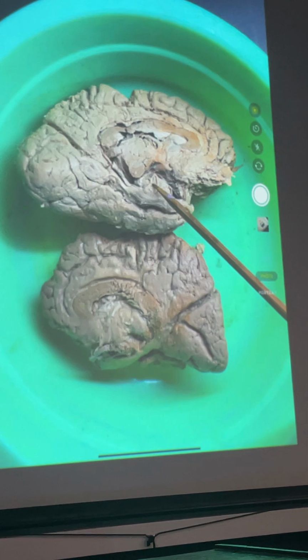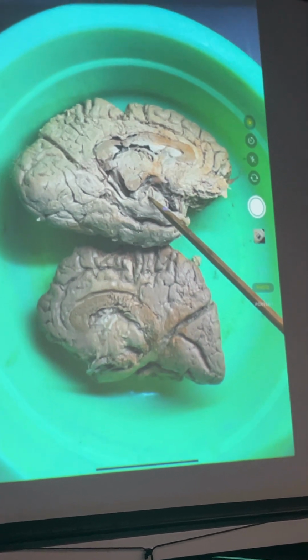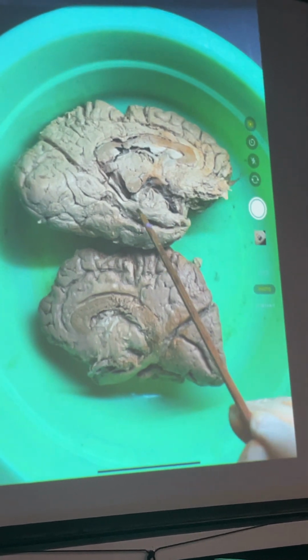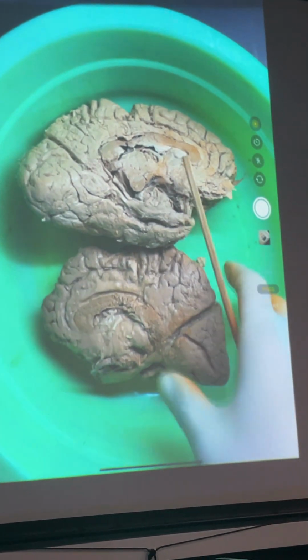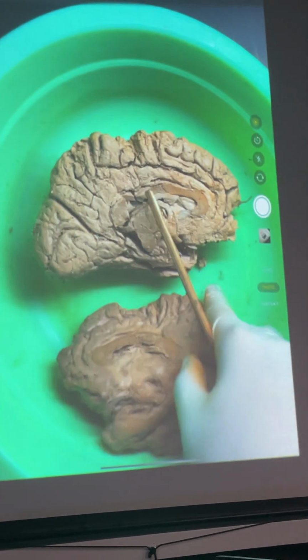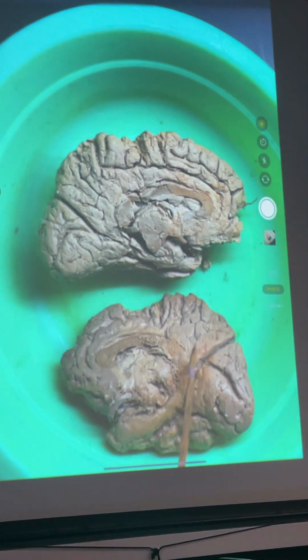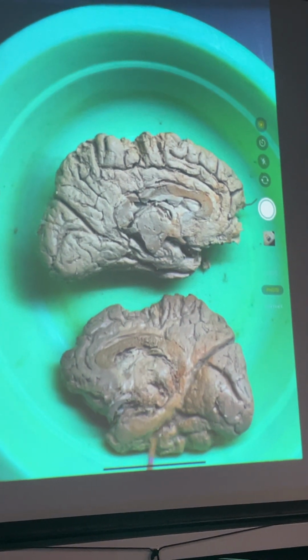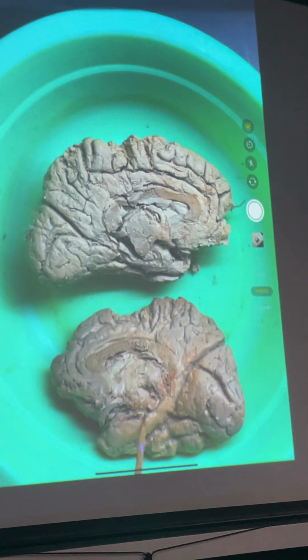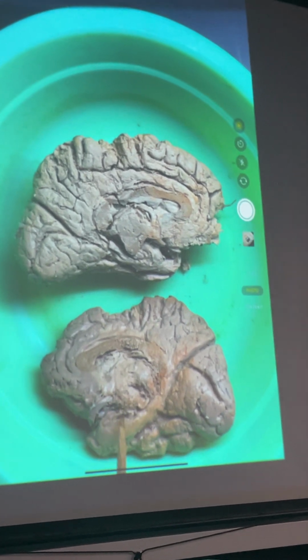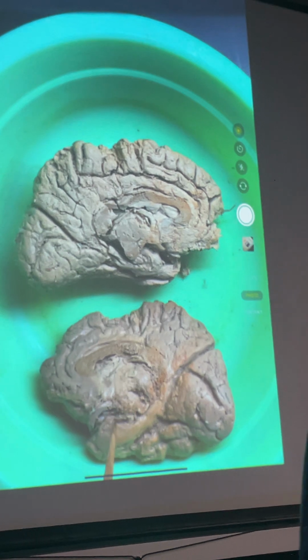When it's pinned here, that is the uncus, and when it's pinned here, that's the parahippocampal gyrus. In this other model, this is the parahippocampal gyrus, and the uncus over here is actually a bit damaged. So this here is the uncus.